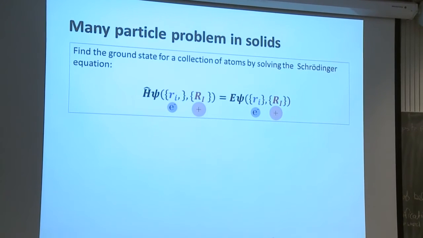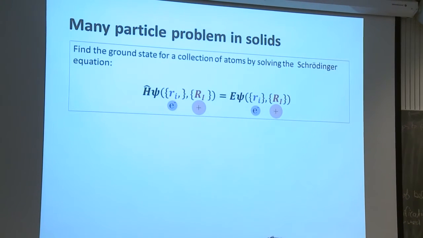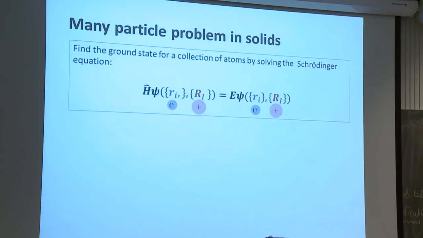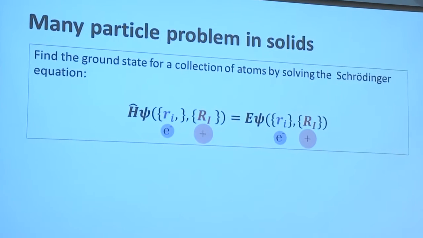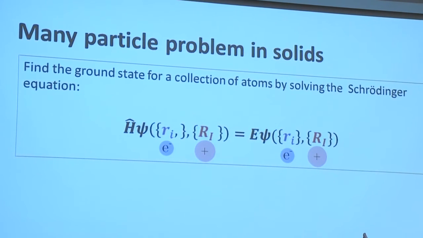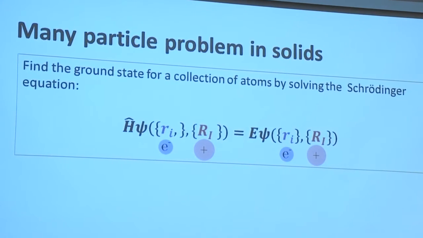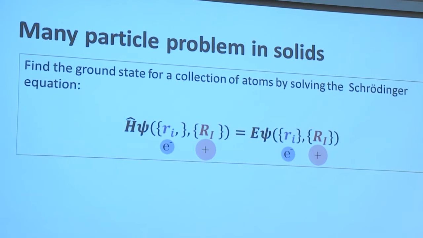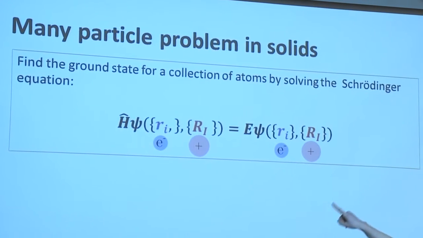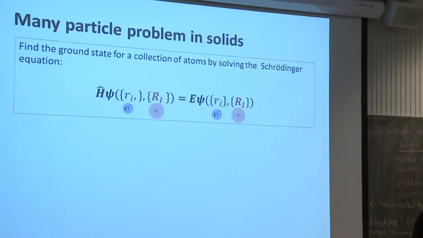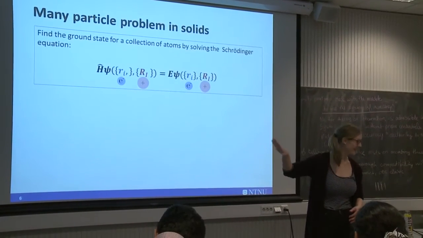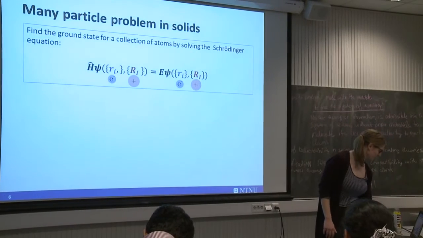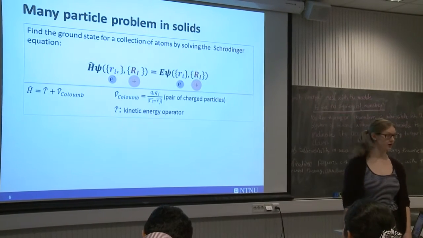So we're interested in finding the ground state of a set of particles. And the way we do that is we try to solve the many-body Schrödinger equation, right? So we have our wave function here, which describes our system of atoms, or nuclei and electrons. And we have our Hamiltonian, which is an energy operator that you apply to the wave function.